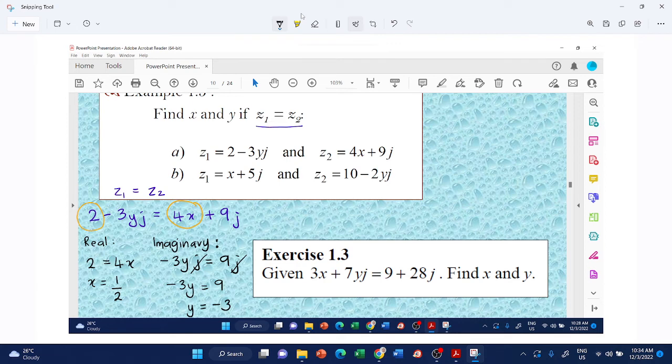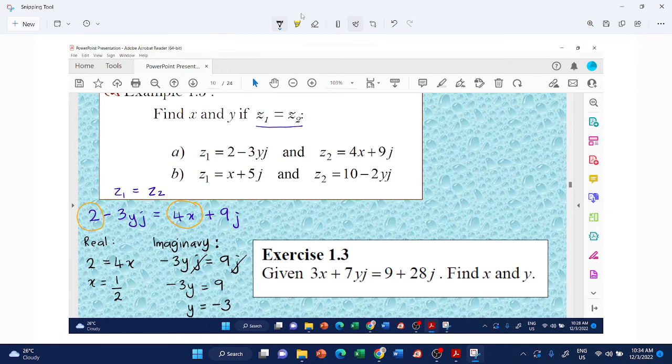Okay, so the concept dia pun sama. Real, you compare dengan real. Imaginary, you compare dengan imaginary. Okay, Vishnu, you ada bahagian tak faham tak? Because you senyap je. Faham, madam. Okay, boleh. Okay, so untuk b ni madam tak provide explanation because we do similar.